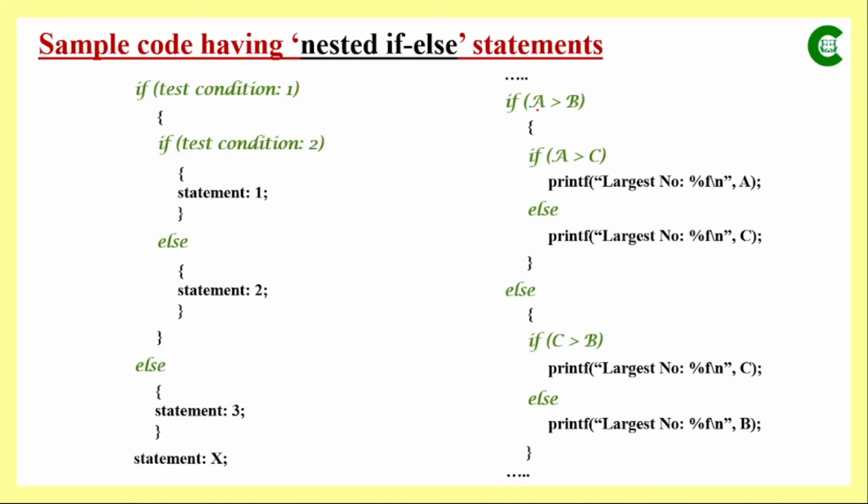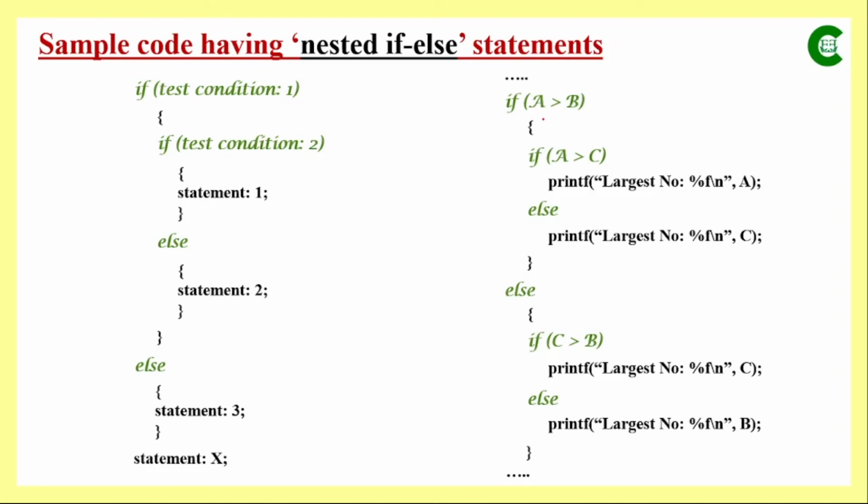Now suppose the condition here itself was false. Then the program flow will skip all the things that have been written within this opening brace and closing brace. And what has been written within this opening brace and closing brace is actually part of this else. Now, A greater than B, this condition checking is false.